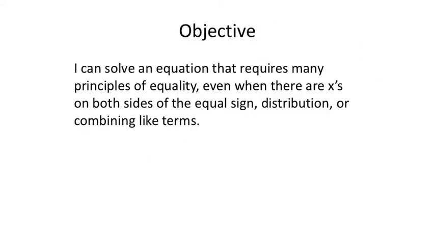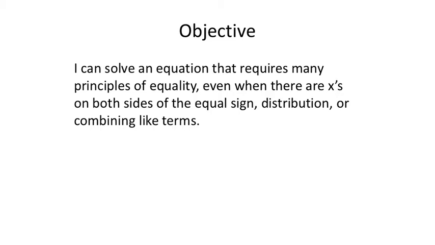There's our objective though. I can solve an equation that requires many principles of equality, even when there are x's on both sides of the equal sign, whether there's distribution or even combining like terms. Take a minute and copy that down, please. All right, now do remember that you do have a space on your worksheet that you should be able to write this down.